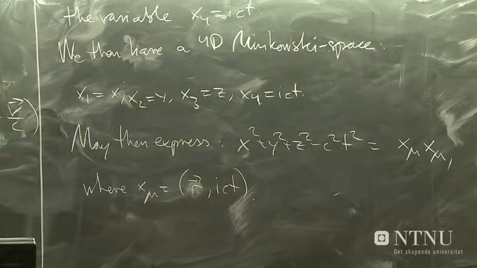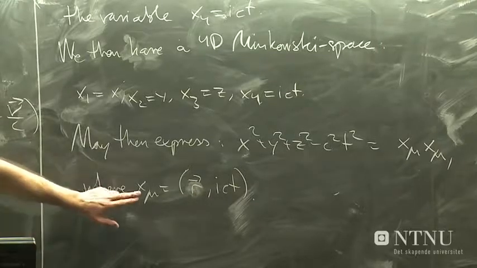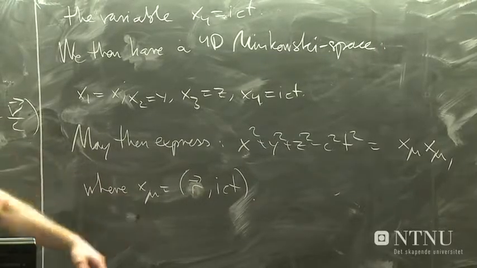Like this. And this x mu is known as a 4-vector.